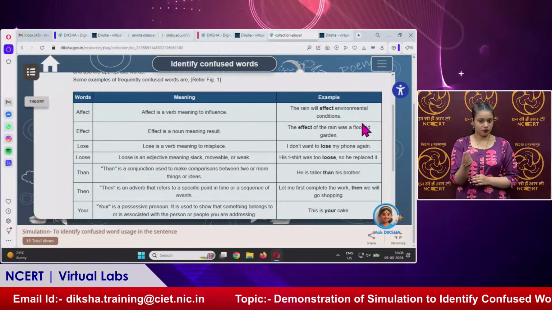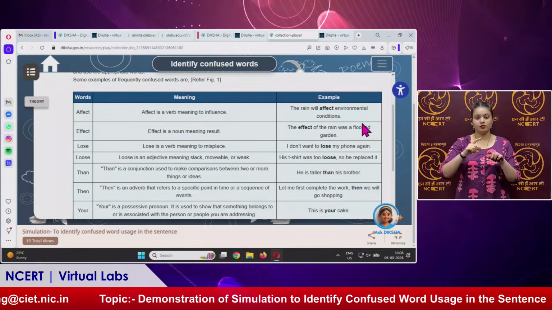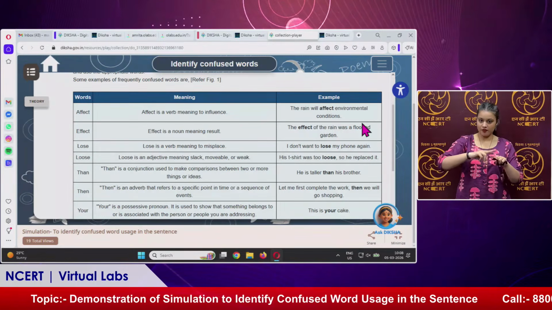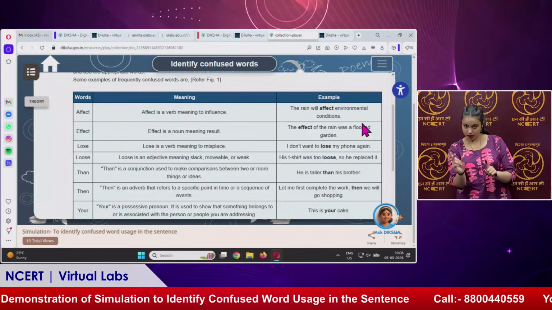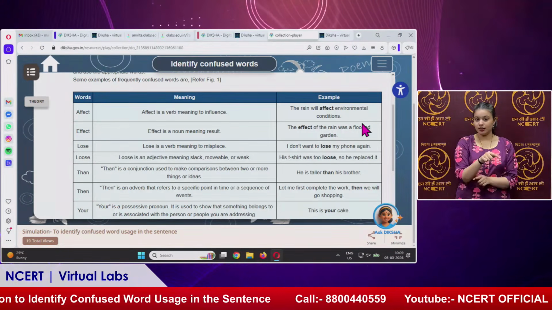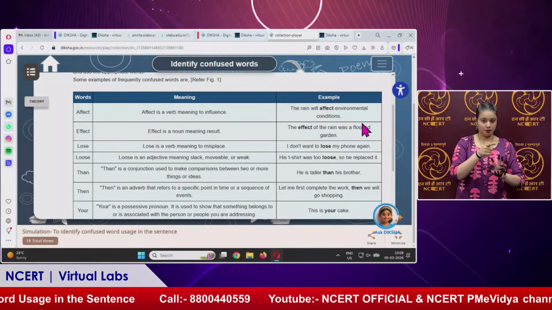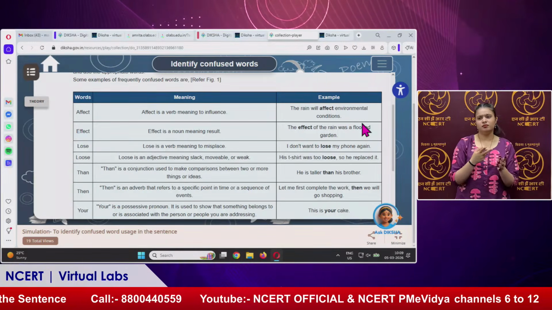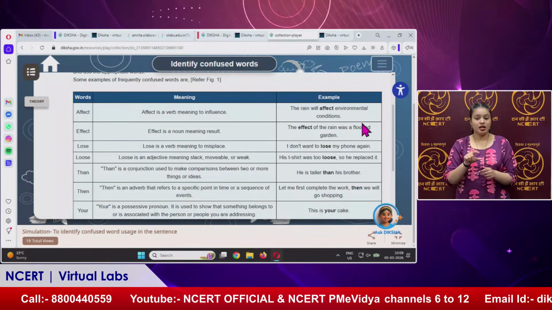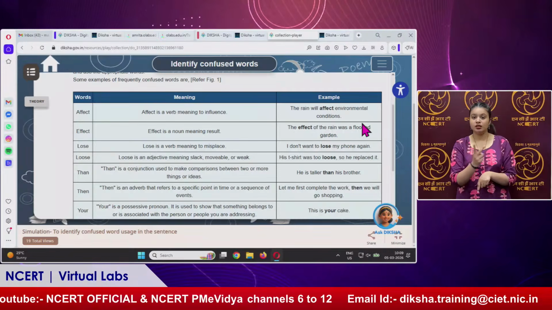Okay, so the first pair of homophones is affect and effect. A-F-F-E-C-T and E-F-F-E-C-T, right? So the one with A, affect, is a verb. So the very simple distinction here is, in other places we will see there are two nouns which are similar sounding, but here they are different forms itself.